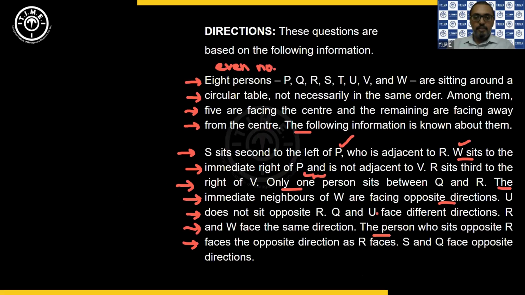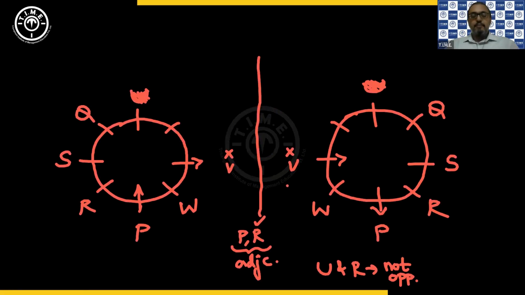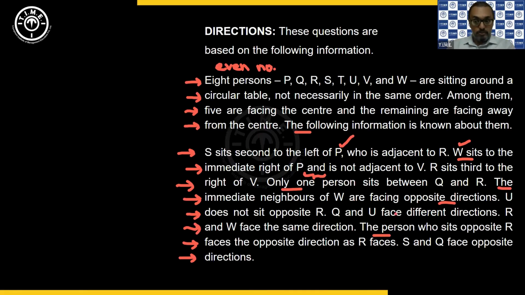And then S and Q face opposite directions. Now let us see where we can place these. Here we have P and R adjacent, which we have fixed. U and R are not opposite, he said, correct?